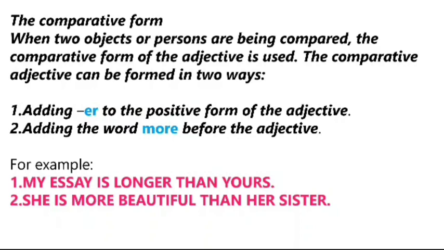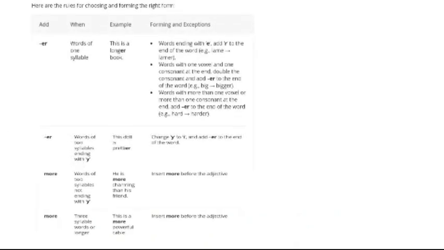Now after that, here are the rules for choosing and forming the right form. First, by er, words of one syllable. For example, this is a longer book. Now forming an exceptions. Words ending with e add r to the end of the word. For example, lame will be lamer. Words with one vowel and one consonant at the end, double the consonant and add er to the word.